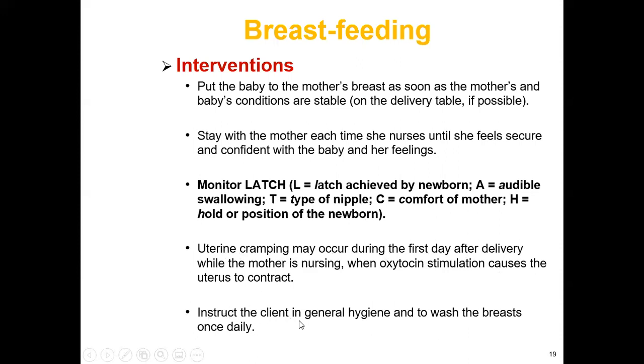Instruct the client in general hygiene and to wash the breast once daily. So expected findings: we said 8 to 12 feedings per day is good, or 6 to 8 wet diapers of the baby indicate the baby is getting enough breast milk.